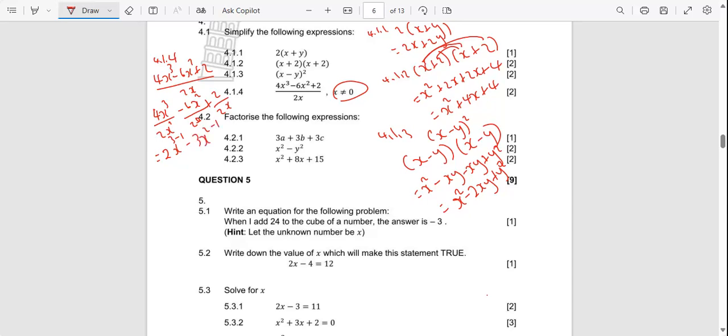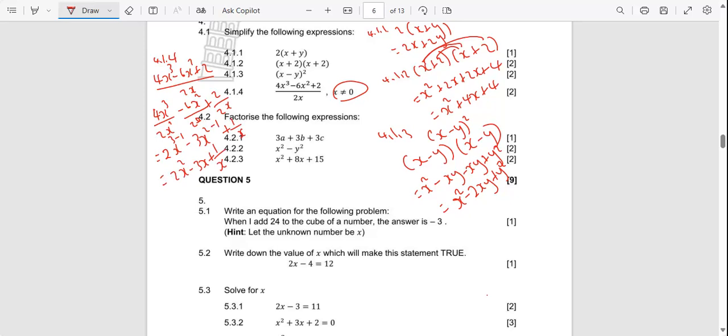And then plus 2 divided by 2 will leave 1 over x. And then the answer is going to be 2x squared minus 3x plus 1 over x. Understand this?